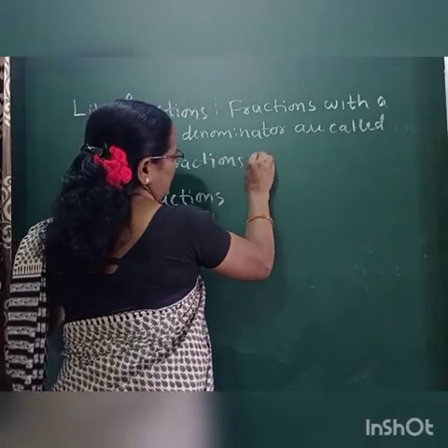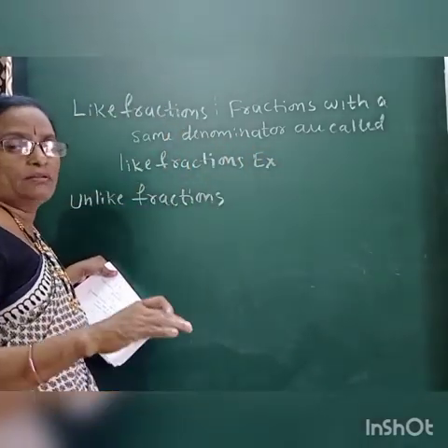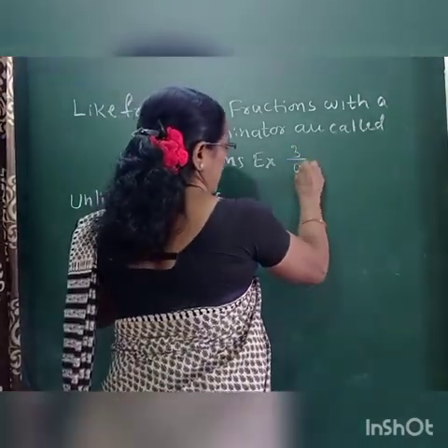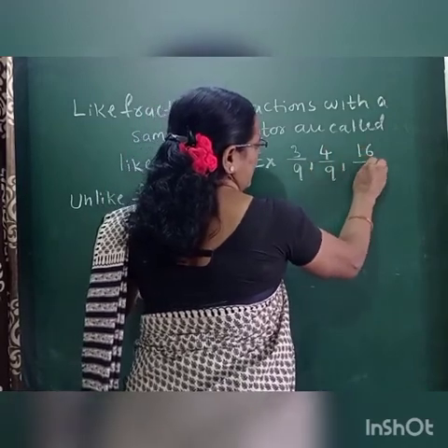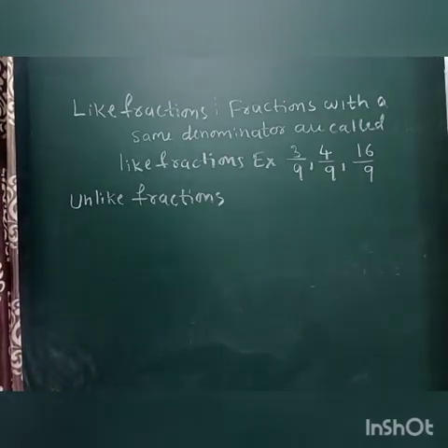The denominator may be any number, but the denominator must be the same. The numerator may be any number. 3 by 9, 4 by 9, 16 by 9. The denominator is the same, numerators are different. These are called like fractions.